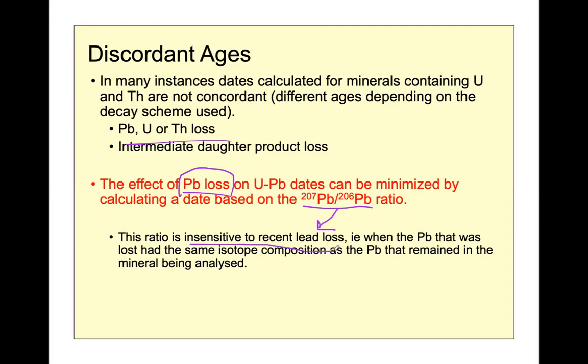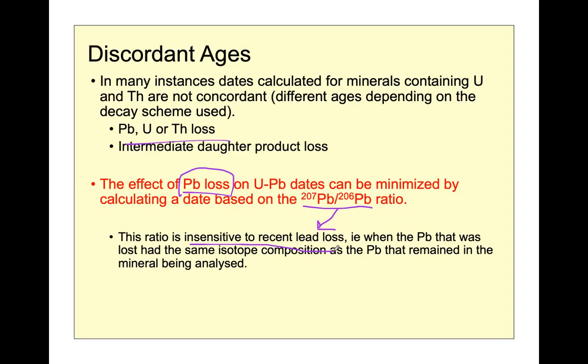That means even if the lead was lost due to some process, for example, metamorphism is a process that can cause some leaking of lead to the outside environment, right? Or in other words, there can be some kind of magmatic intrusion into the rock that you are considering. That can also cause disturbance to the lead budget, right? But if this disturbance has happened very recently, less than 500 million years ago, right? Recently means that, less than 500 million in general, right?